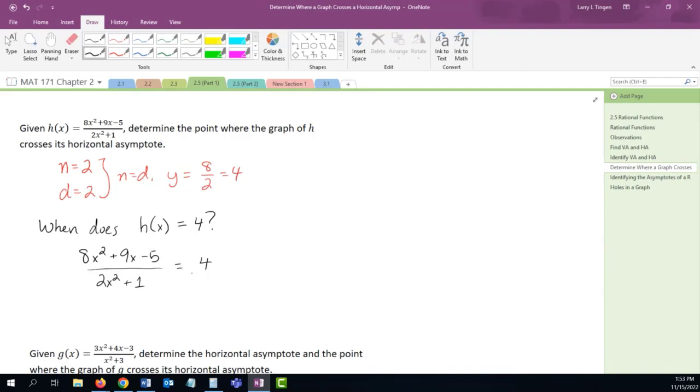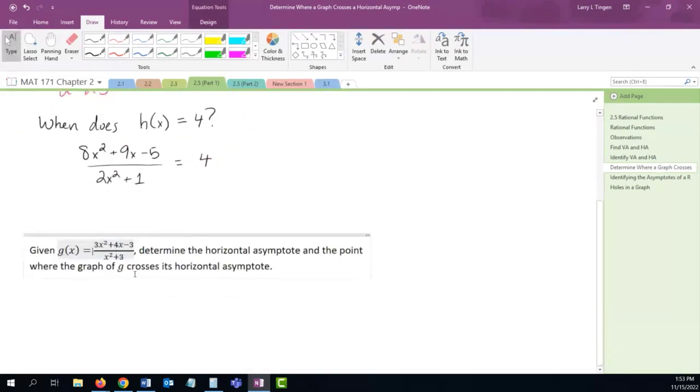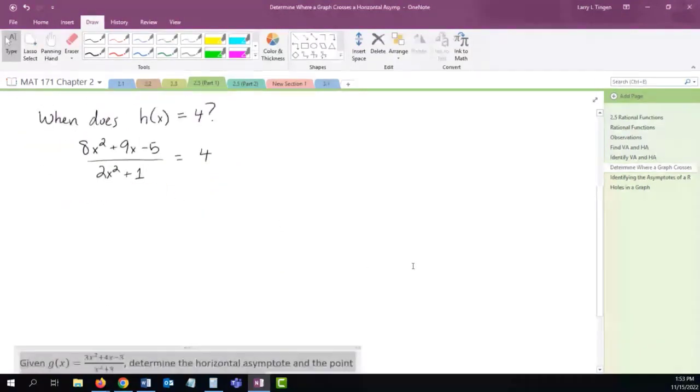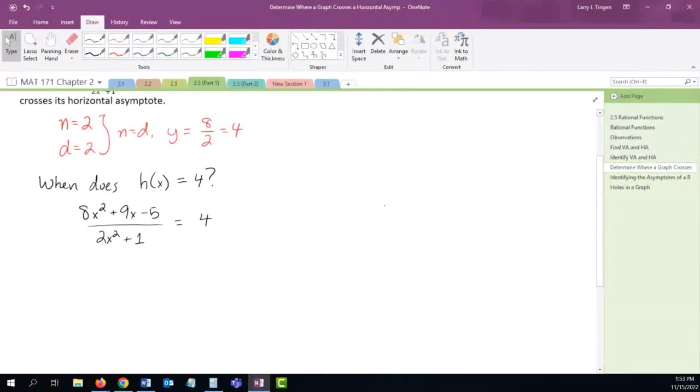All right. How in the world do you solve that problem? Okay. Well, right off the bat, I have a rational function on the left and a constant on the right. I'm going to help myself out, make this into a proportion, because I know if two fractions are the same, their cross products must be the same.